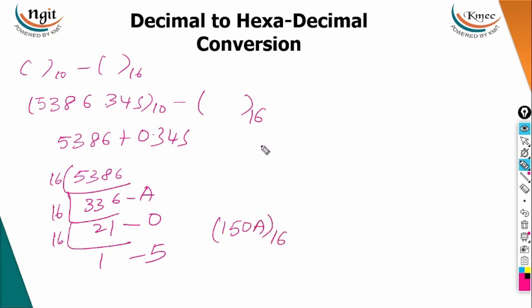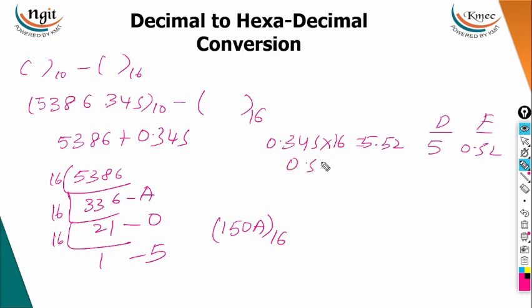I am left with 0.345, which is multiplied with the required base 16. So I am going to get 5.52. Now divide into decimal part and fractional part, that is 5 and 0.52. Now again multiply 0.52 by 16, you are going to get 8.32, that is 8 and 0.32.